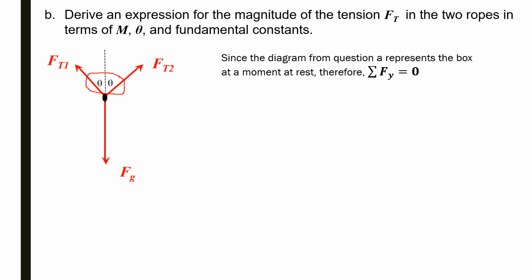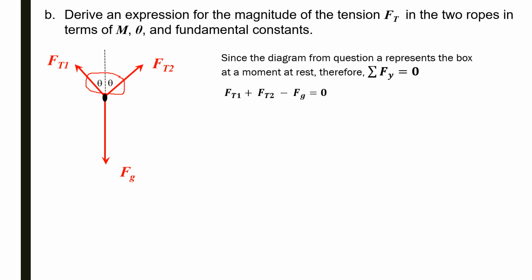Now, let's represent the summation of forces. The summation of forces is T sub 1, T sub 2, and the force of gravity, equals 0. Positive is for everything that is going up.